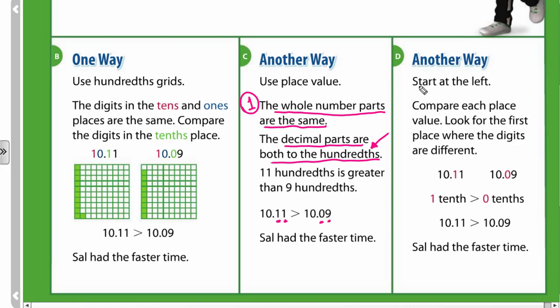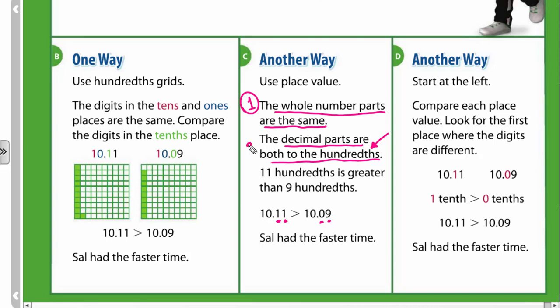And there is another way here. We compare each place value starting from the left. So every time we start with the whole numbers. So let's summarize this. The first thing is the whole number, and the second thing, you can do the decimal parts to be the same number to the right of the point. And also we have another way, moving from left to right.